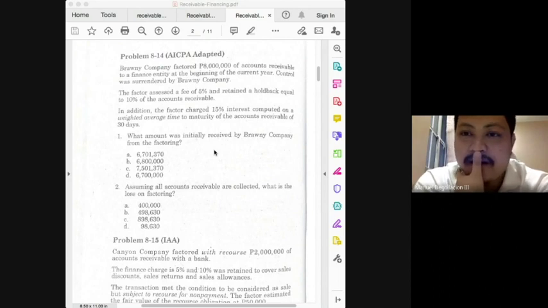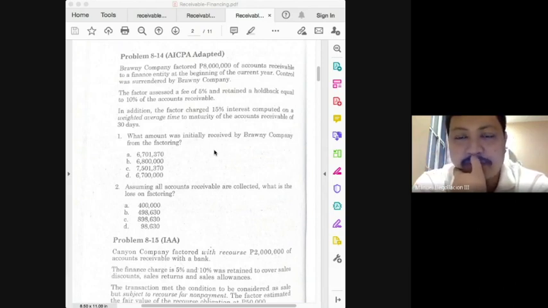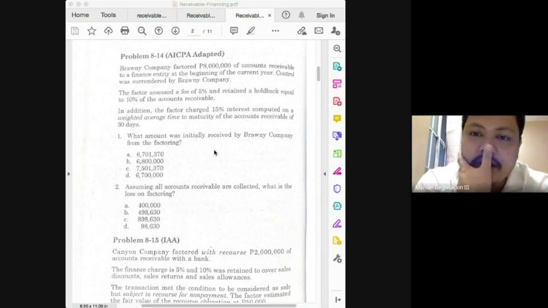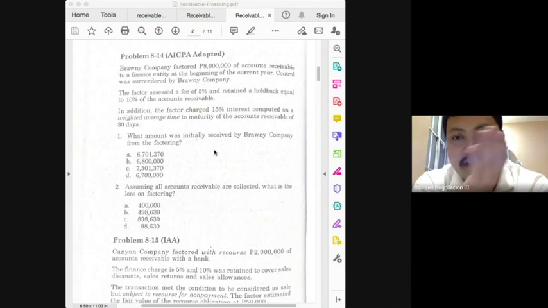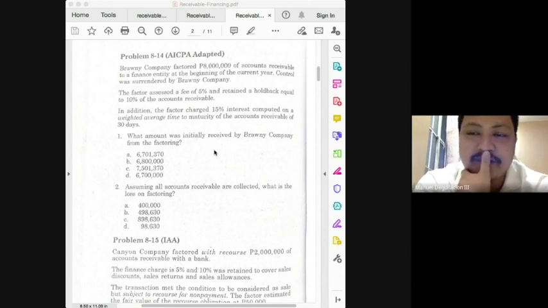If only we could convert our 8 million receivable into cash without any loss, then we should be getting 8 million. But of course, for accommodating our financing needs, the factor is assessing a fee of 5%. And all in all, that would be 400,000. And aside from that, the factor will also be retaining an amount amounting to 10% to serve as a holdback.